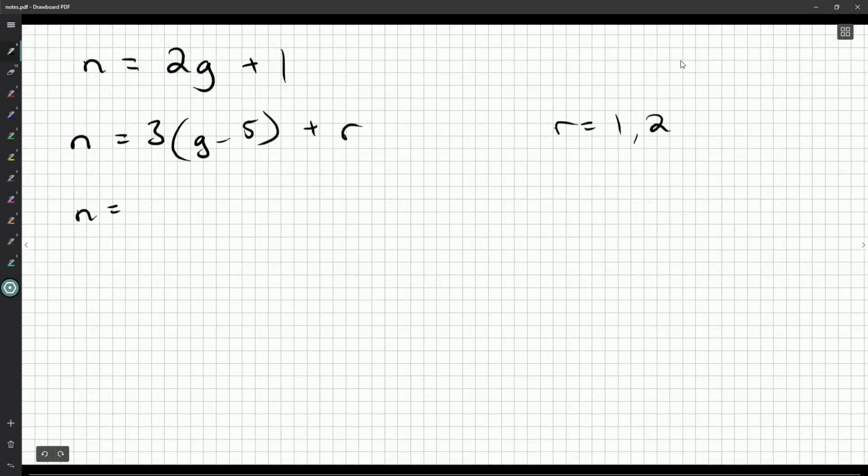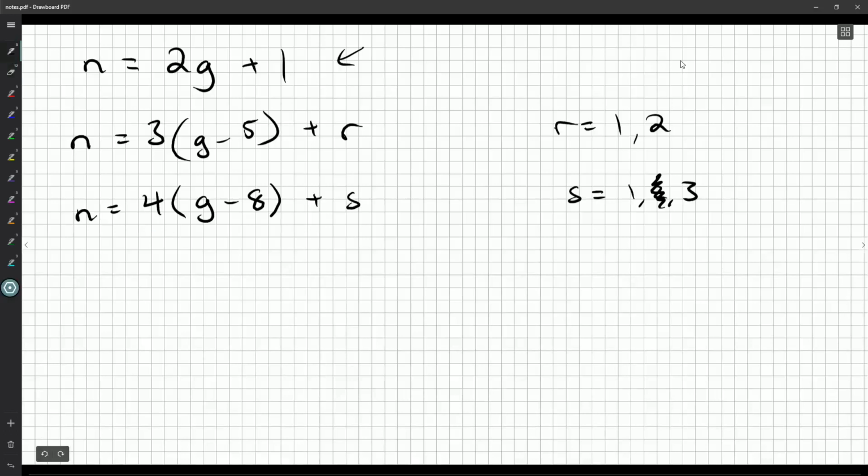And we can also say n is 4 times, there were 3 fewer groups of 4 than there are groups of 3, so g minus 8, plus some other remainder, which we know even less about. It'll have to be 1, 2, or 3. Now we can ignore 2 right away because n here is seen to easily be odd. And if I had 4 times something plus 2, n wouldn't be odd, so that would be a contradiction.